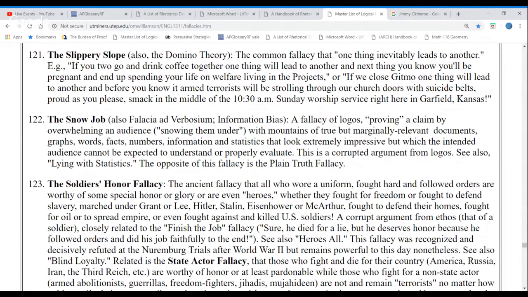This is a corrupted argument from logos. See also lying with statistics. The opposite of this fallacy is a plain truth fallacy. So yeah, it's classed as a fallacy here, a fallacy of logos. Logos means appeal to logic, basically.